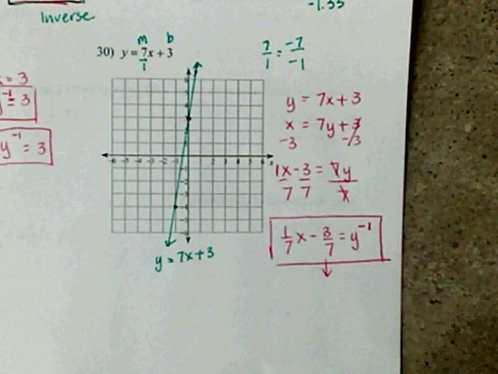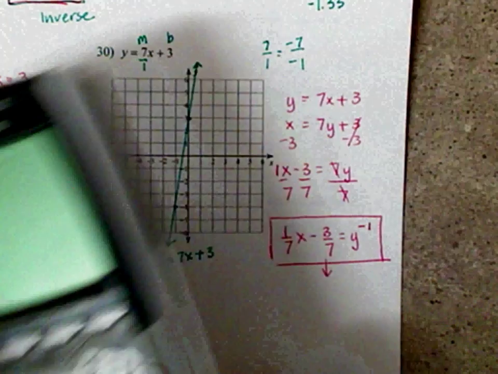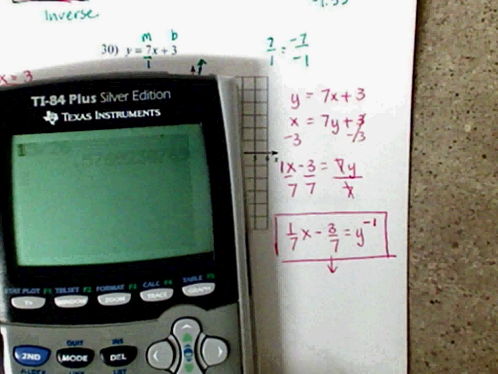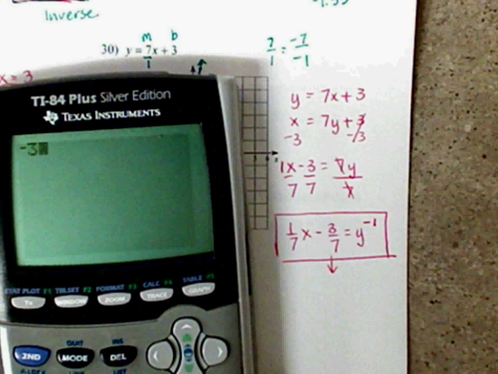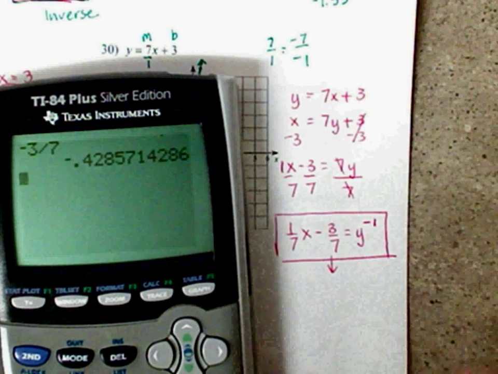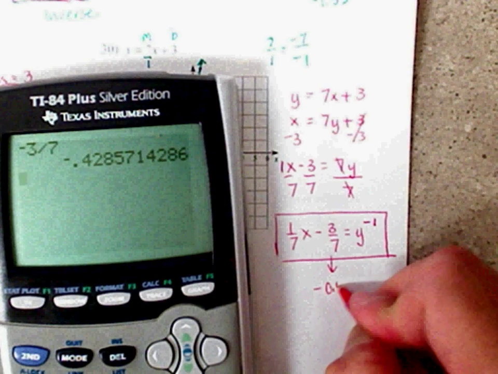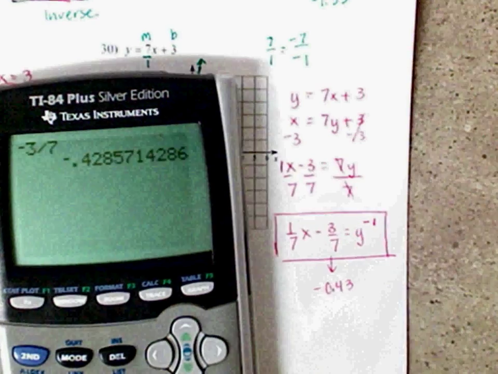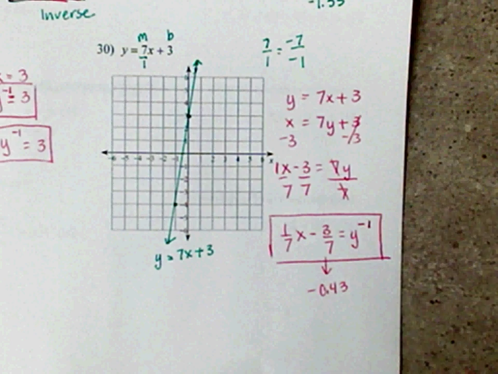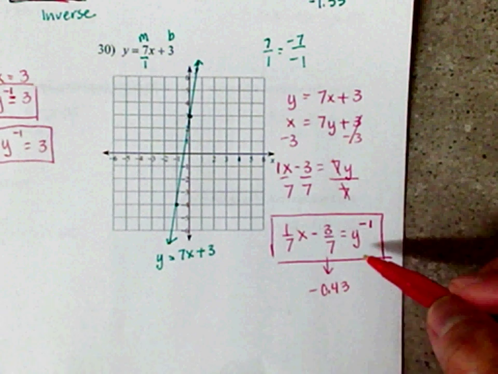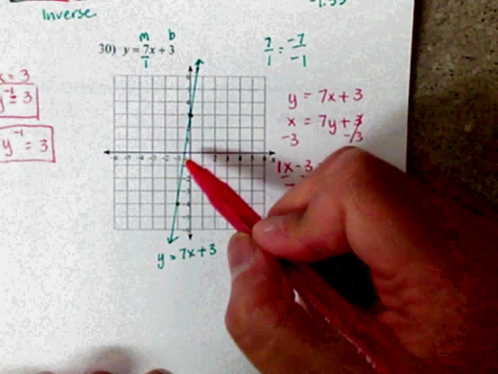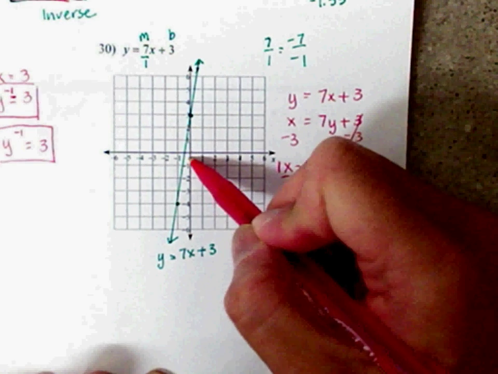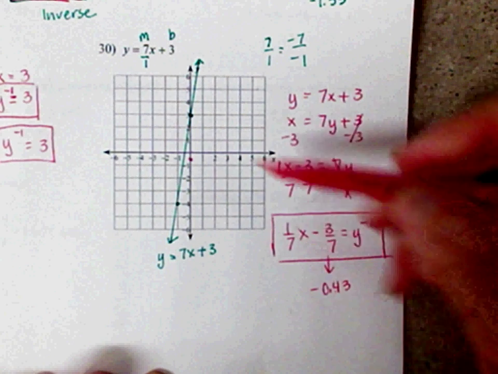Okay? What is 3 over 7 the same thing as? Well, if you don't know, you can go to your calculator and take a look. Negative 3 divided by 7 is the same as negative 0.43. So it's somewhere between 0 and negative 1. So let's plot this point. Where is this point? Here's your 0. It's probably right here somewhere. Your slope is 1 up, okay?